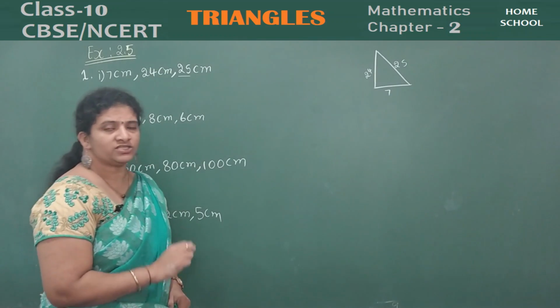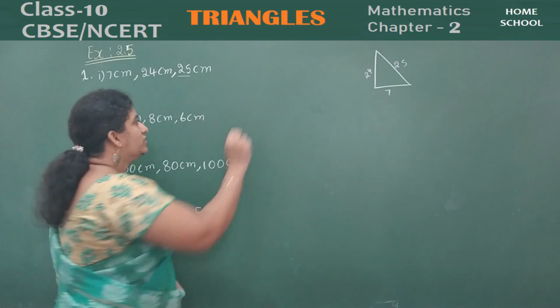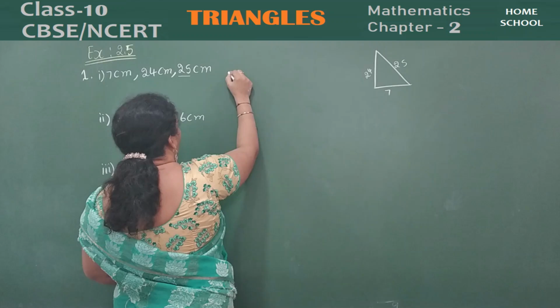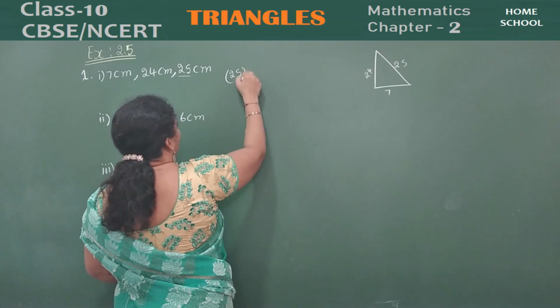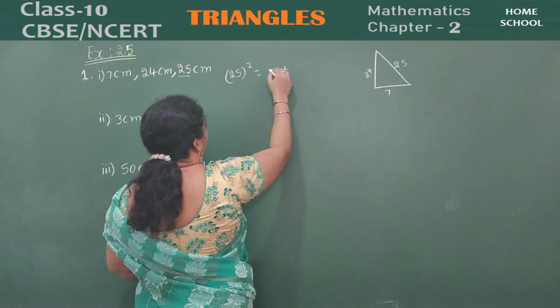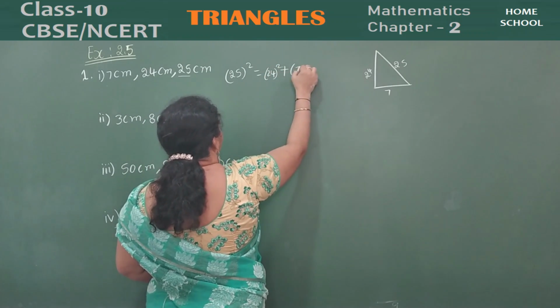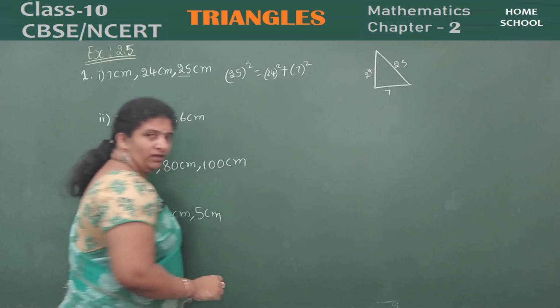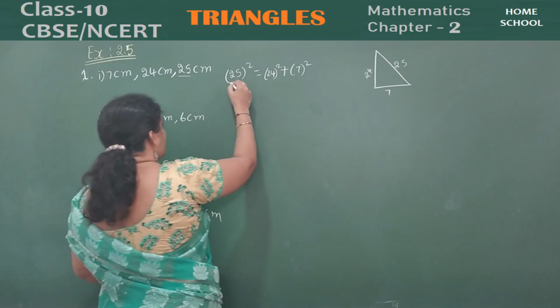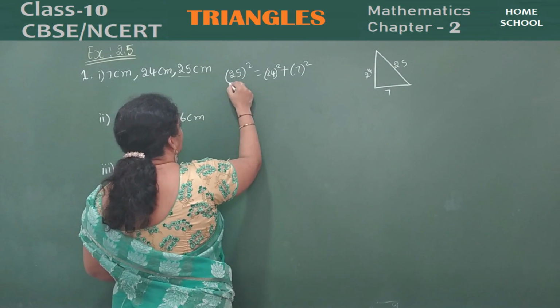What is the Pythagoras formula, do you remember? Hypotenuse square is equal to the sum of the squares of the other two sides.